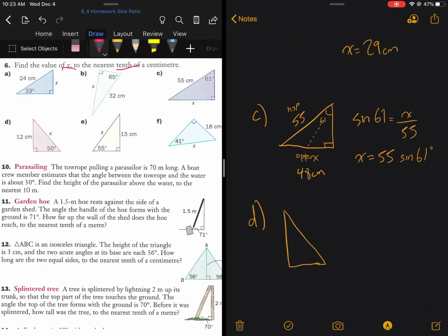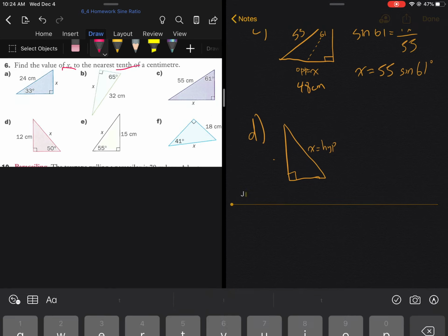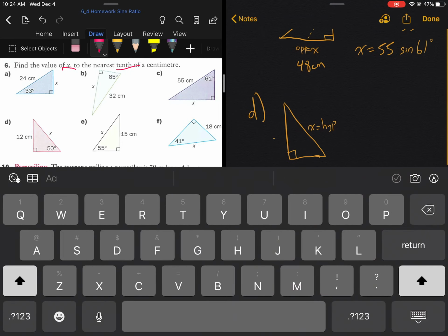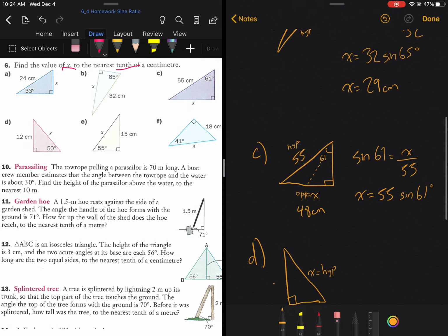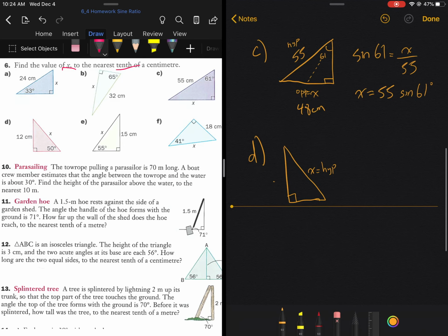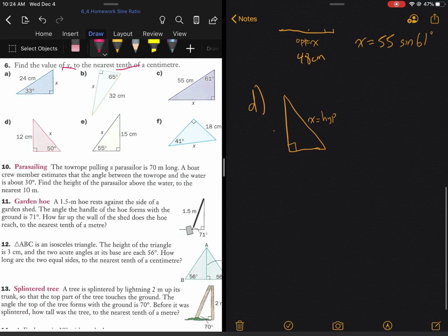D, there's my triangle. It's right angled. My hypotenuse is x. Now, which one is opposite?